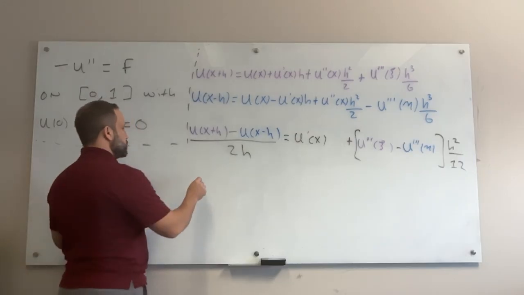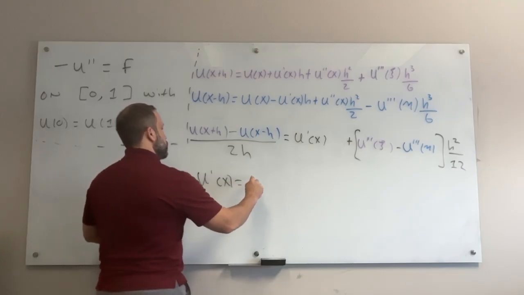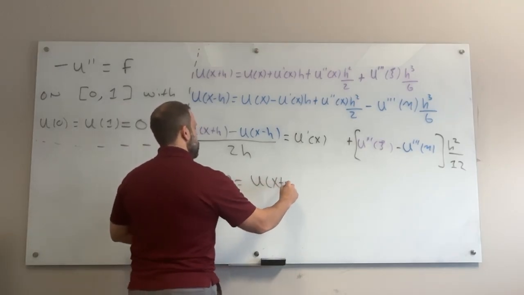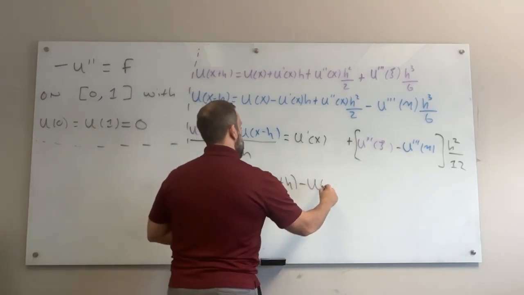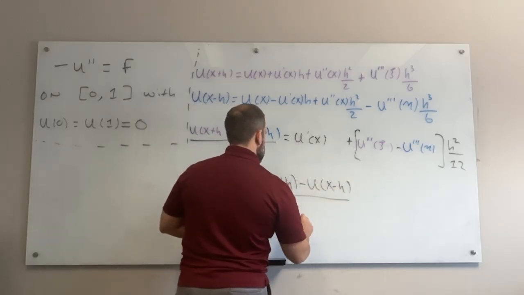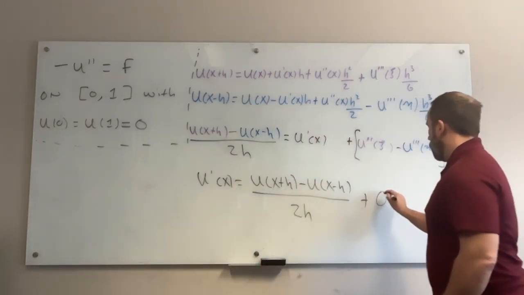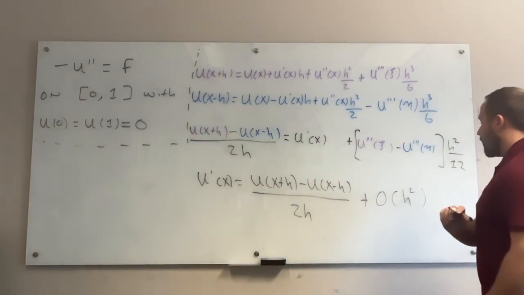So u prime of x is equal to u of x plus h minus u of x minus h divided by 2h plus an error that's O of h squared.